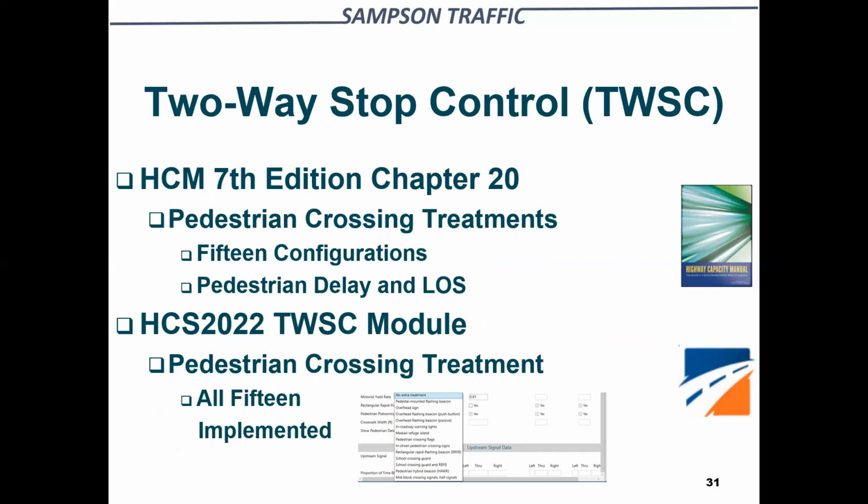Pedestal-mounted flashing beacon, overhead sign, overhead flashing beacon that's either push button or passive, in-roadway warning lights, median refuge island, pedestrian crossing flags, street pedestrian crossing signs, rectangular rapid flashing beacon, RRFB, school crossing guard with an RRFB, the hybrid beacon, which is sometimes called the HAWK signal, mid-block crossing signals, and half signals. So lots of different treatments that might affect pedestrian delay and level of service.